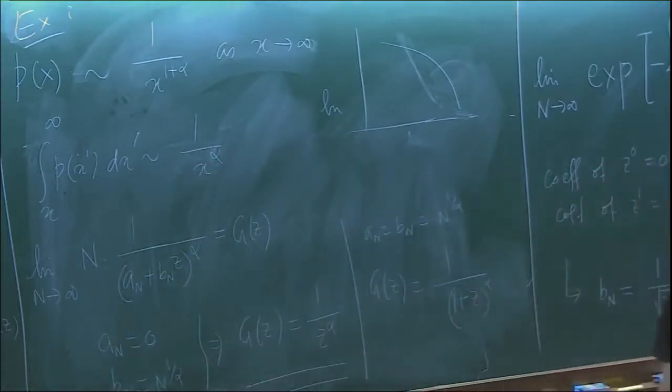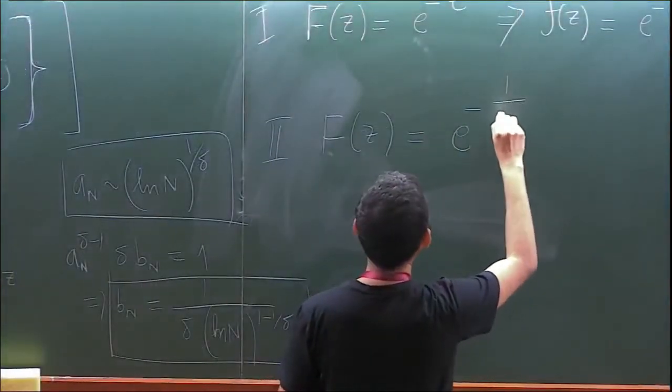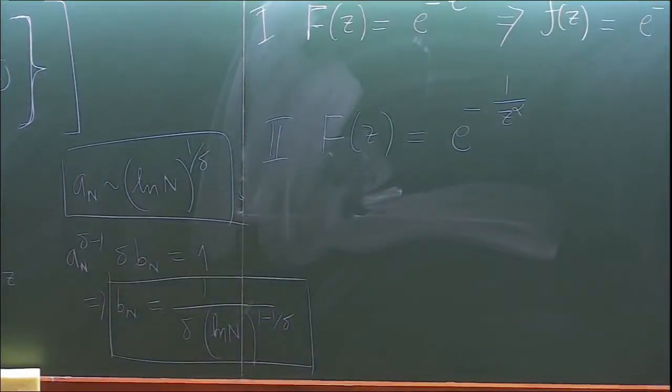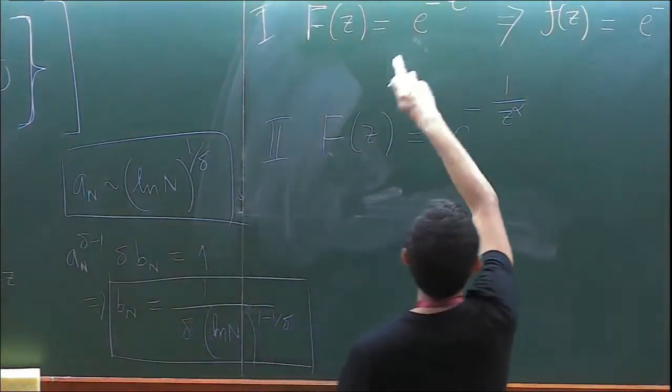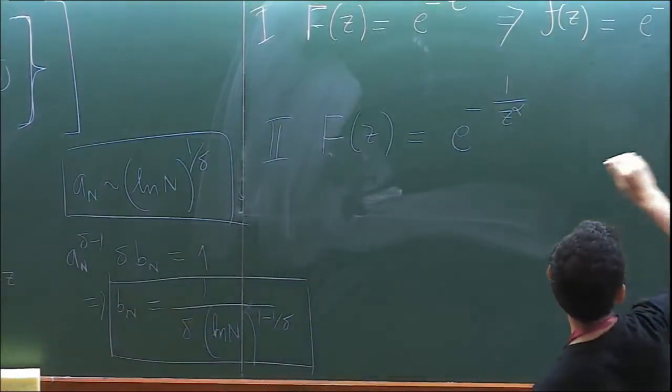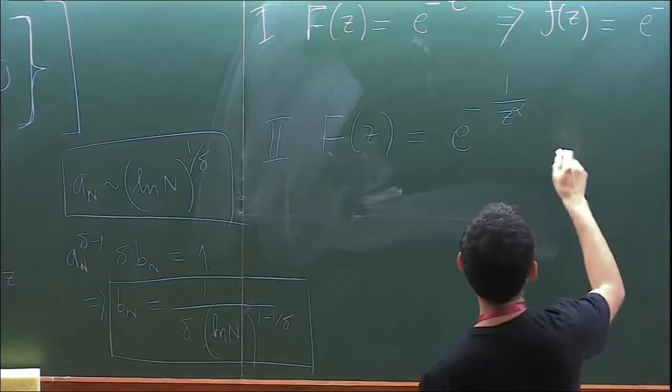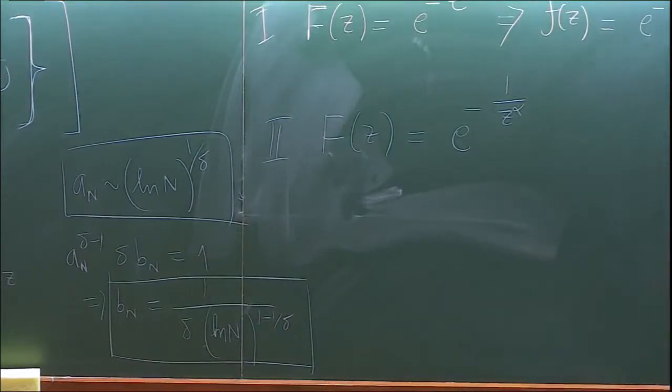So now we found another form of G of z, which says that F of z is exponential of minus 1 over z to the power alpha. Here z goes from minus infinity to plus infinity in the earlier case, but here z belongs to 0 to infinity, so it's only on the positive side.